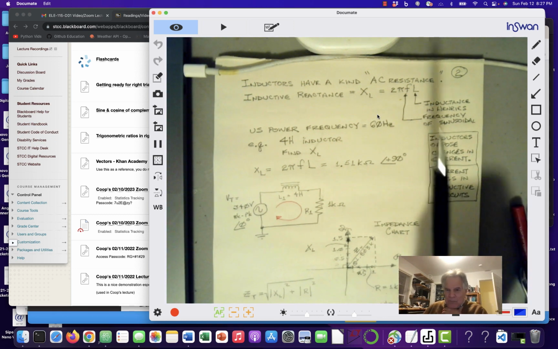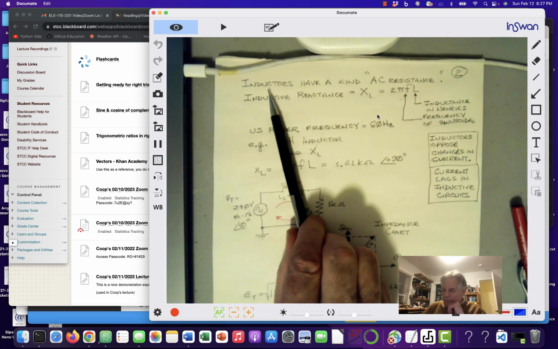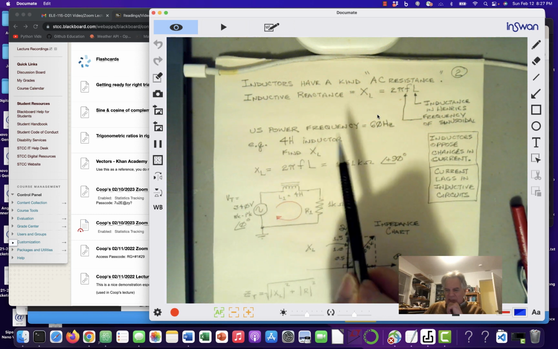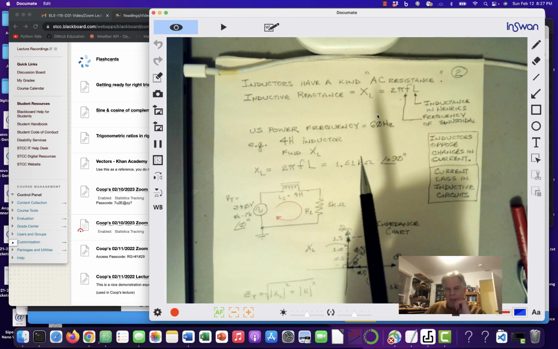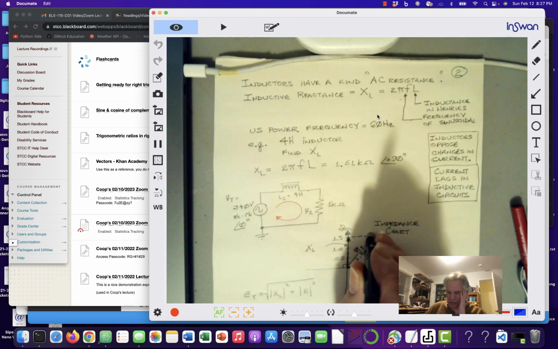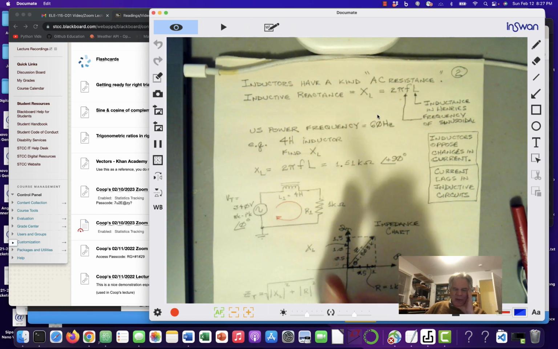So let's talk about these inductors. And what we're doing is we're talking about sinusoidal excitation, and we're talking about having that excitation on the circuit for a long time.